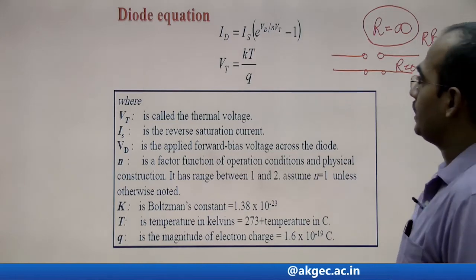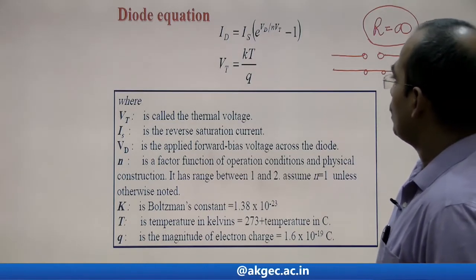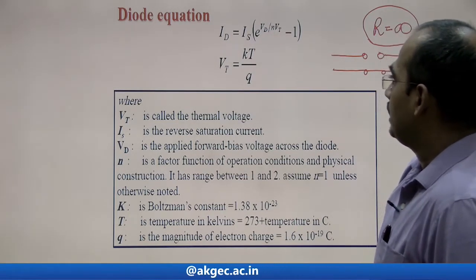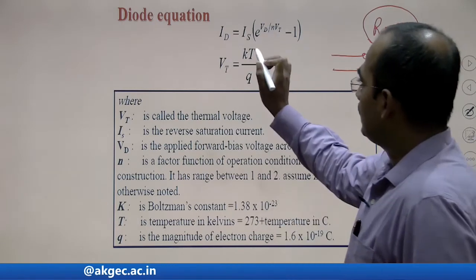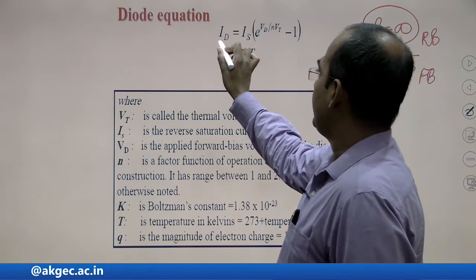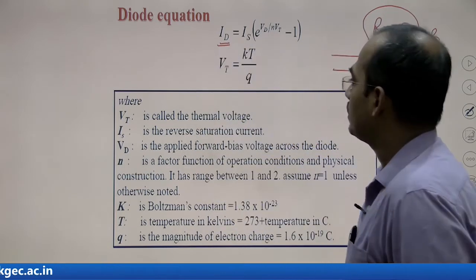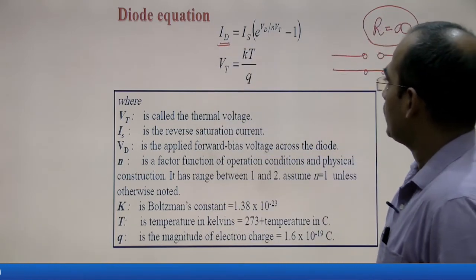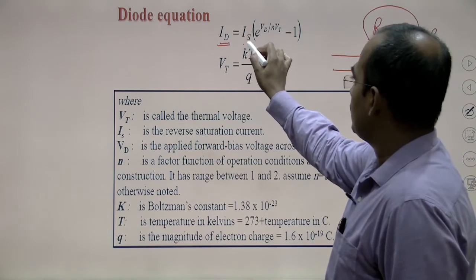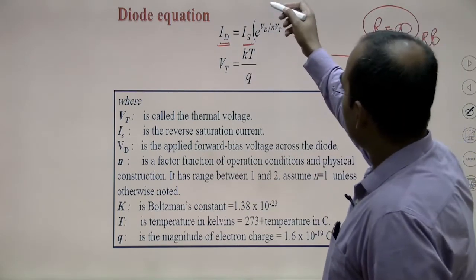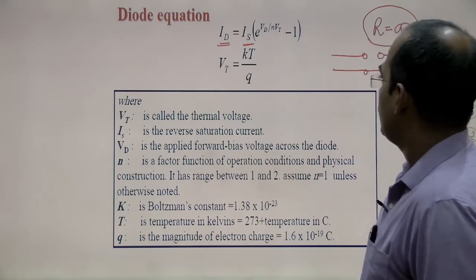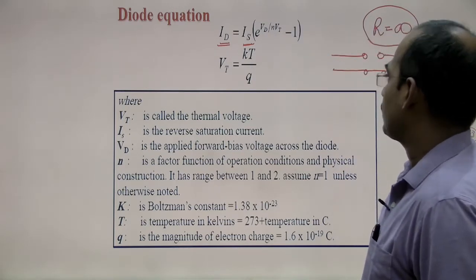Now come to the diode current equation. This equation is also known as the Shockley equation. From this equation you can see that ID is forward current or diode current, IS is reverse saturation current, VD is diode voltage, VT is volts equivalent of temperature.